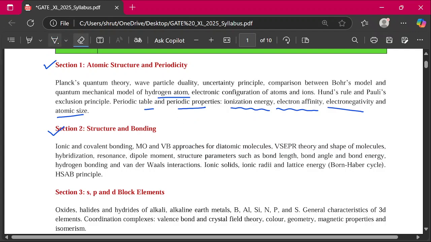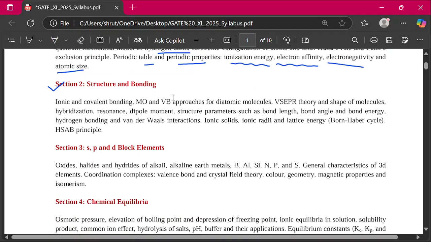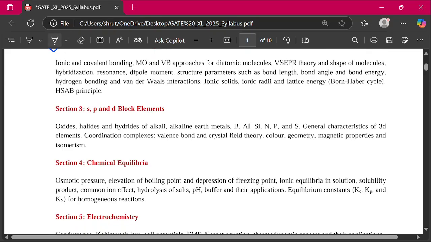In this, we have to study ionic and covalent bonding, then MO and VB approaches for diatomic molecules, VSEPR theory and shape of molecules, hybridization, resonance, dipole moment, structure parameters such as bond length, bond angle, bond energy, hydrogen bonding, and van der Waals interactions, ionic solids, ionic radii, lattice energy, which is also known as Born-Haber cycle, then HSAB principle.